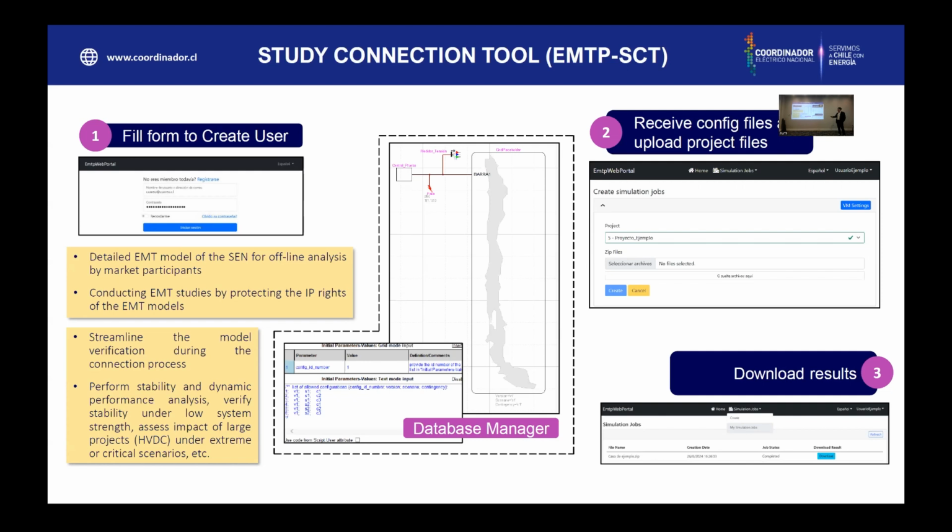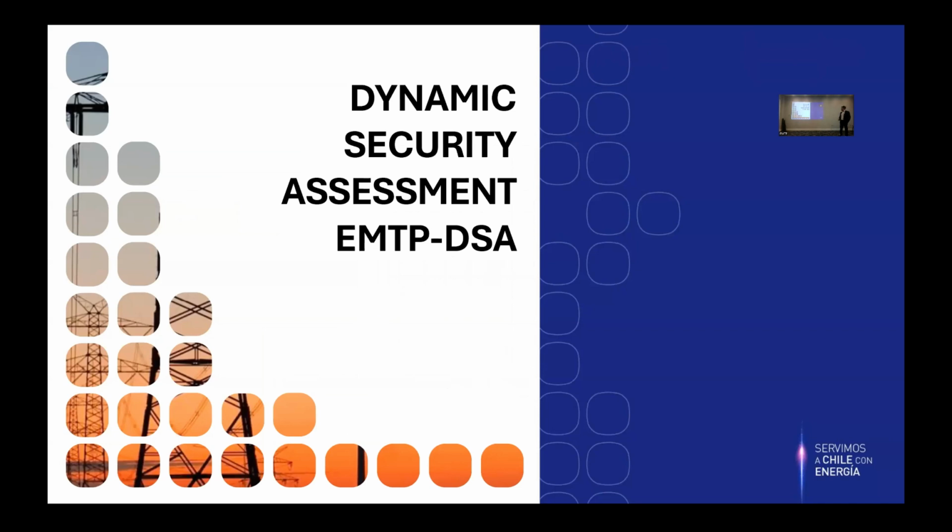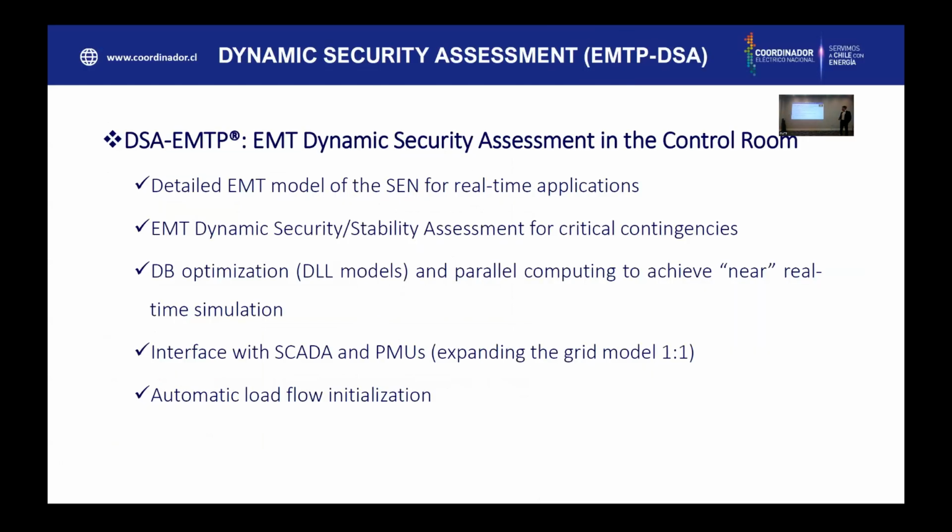This is only for graphical representations, it's not the actual model. You connect it, you compress it, and you upload it here as a second step. The third step is only to wait for the simulation process to end and download the results. It's pretty straightforward.